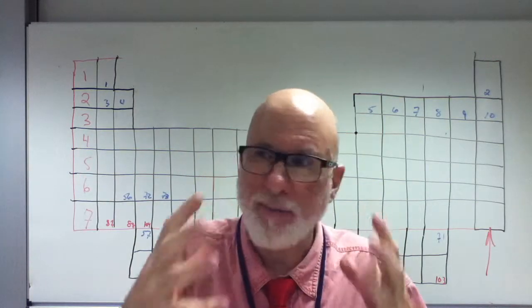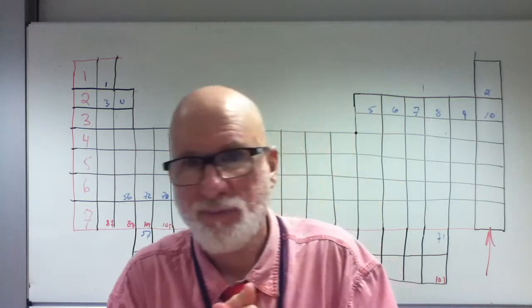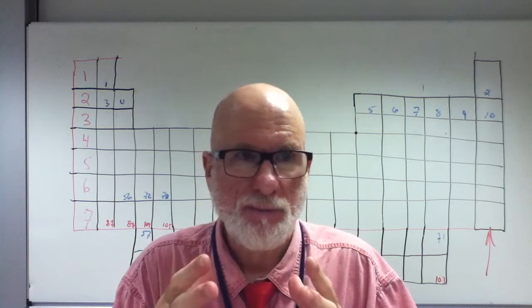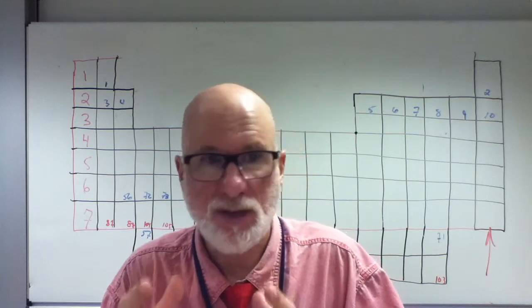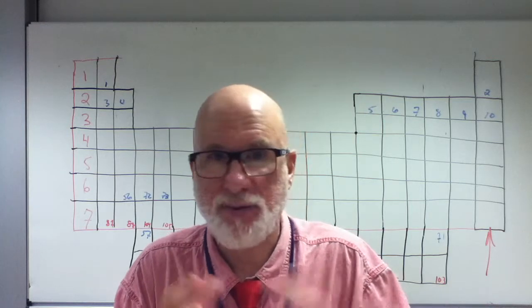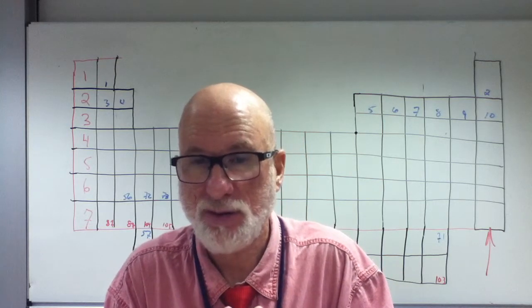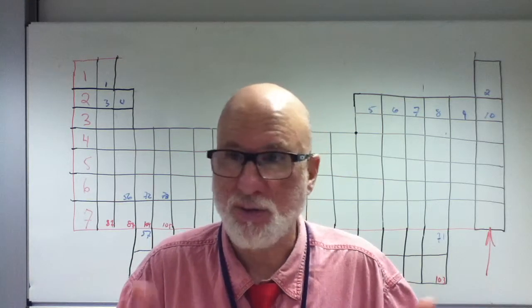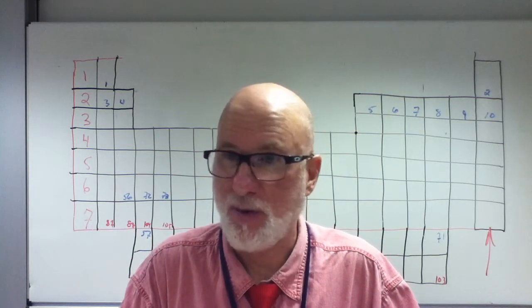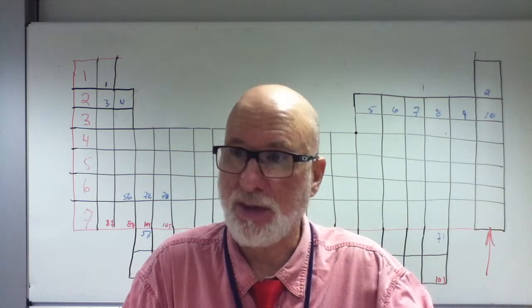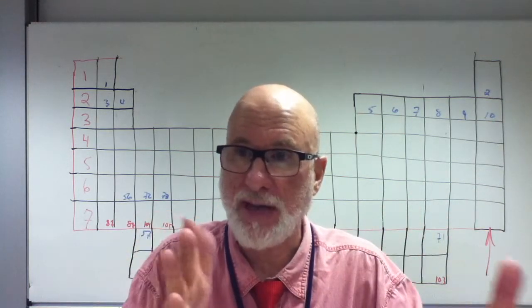It would have this enormous density. You couldn't pick up a thimble full of it. So what the gold foil experiment showed you was that, A, the nucleus is very small, but it's extremely dense. And it's the relationship between that nucleus and the electrons that we have to look at.